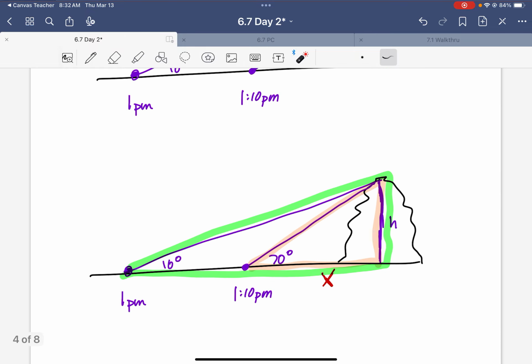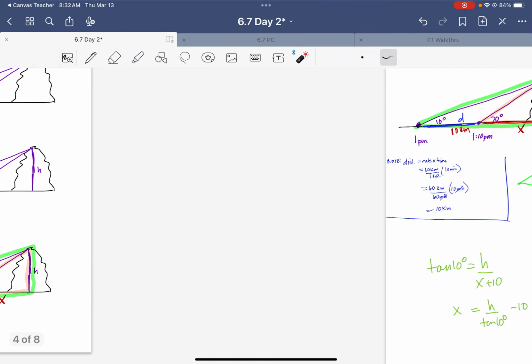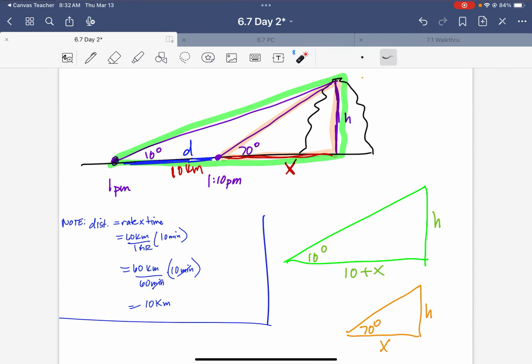And now notice we've created 2 triangles. So here's a big green triangle with a 10-degree angle, a 90-degree angle here, and this distance at the bottom. And then my orange triangle has a height of h and an angle of 70 degrees and this length. We have to give it a name, so we're going to call it x. So then when we look at our two triangles, first I need to find out how long this is.